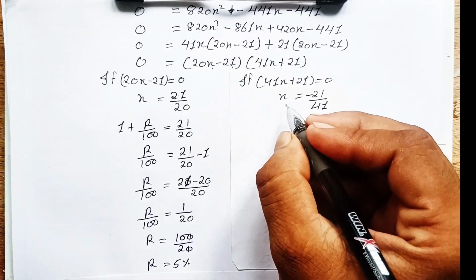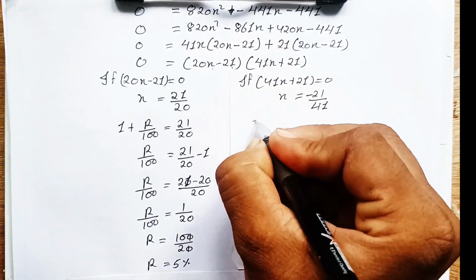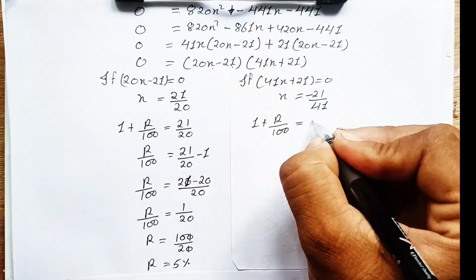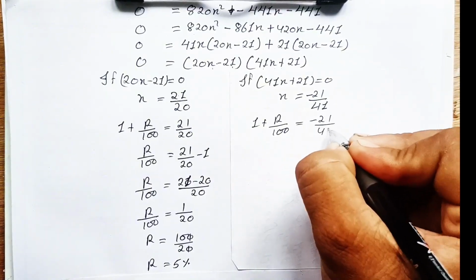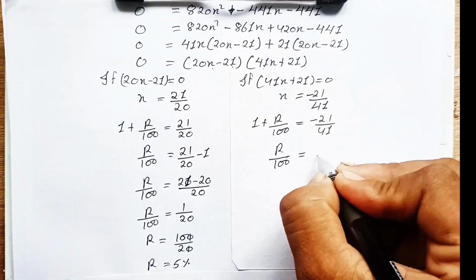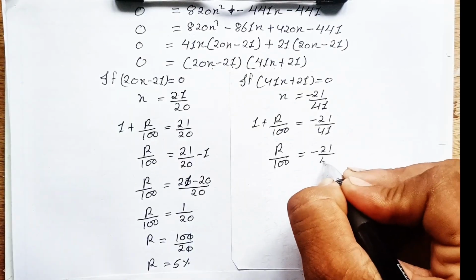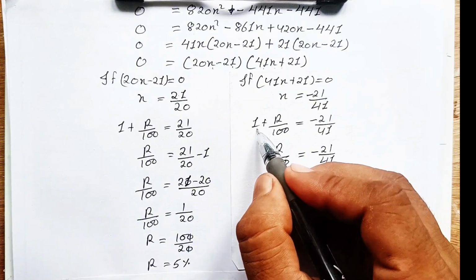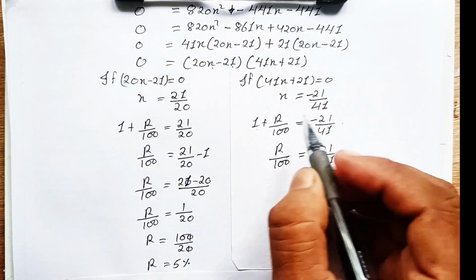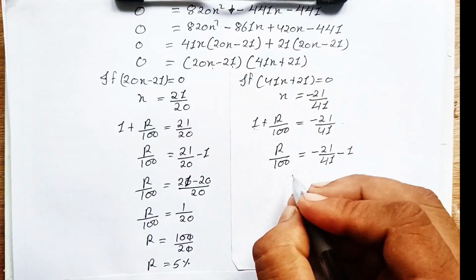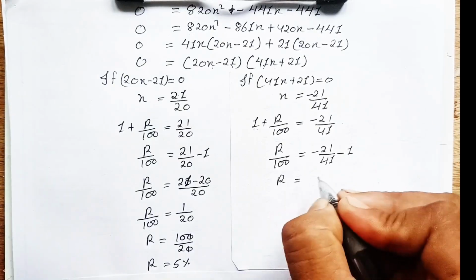Now we put the value of x here as 1 plus r upon 100, that is minus 21 upon 41. Here we subtract both sides by 1. So minus 1 and plus 1 becomes 0, and here comes to be minus 1.